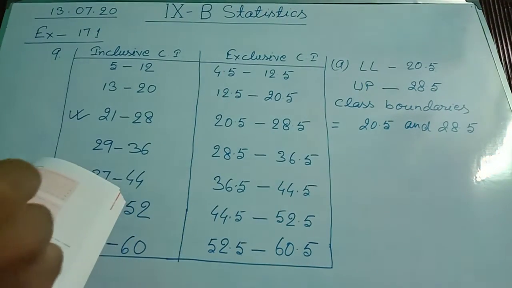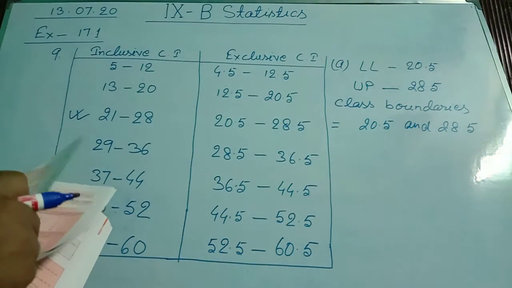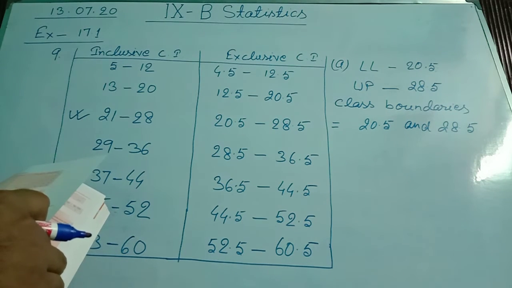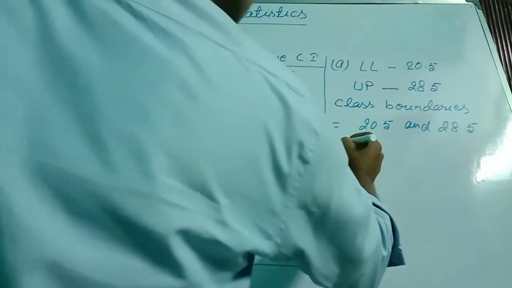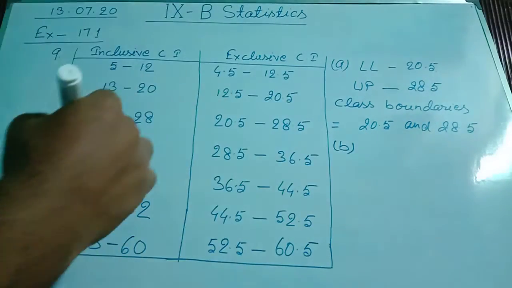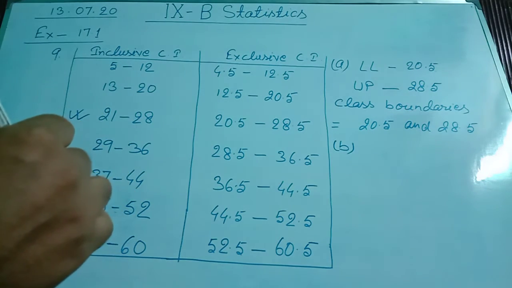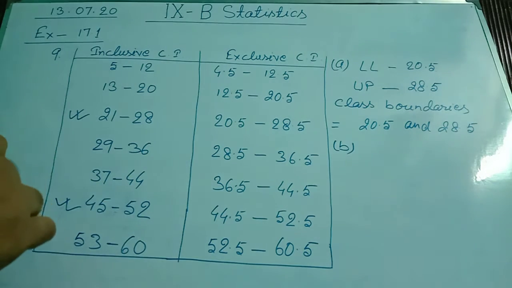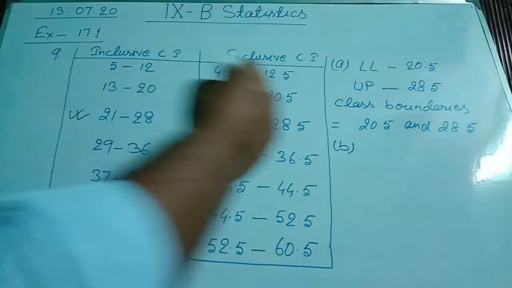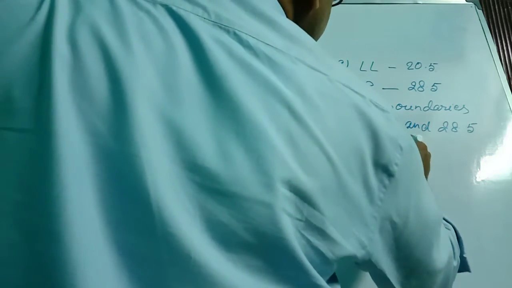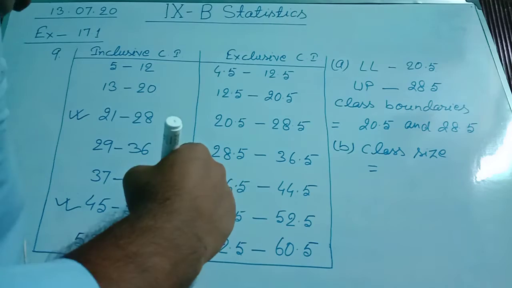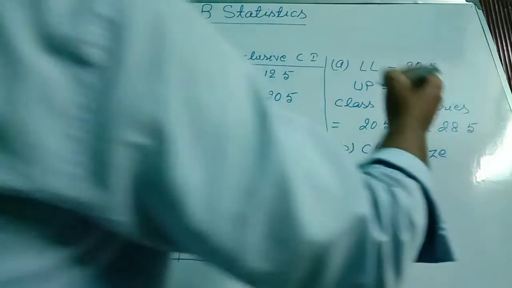After that, question number B. The class size and class mark of class interval 45 to 52. Two questions are asked from this interval. Class size is equal to upper limit minus lower limit, and you are getting in this way 8.